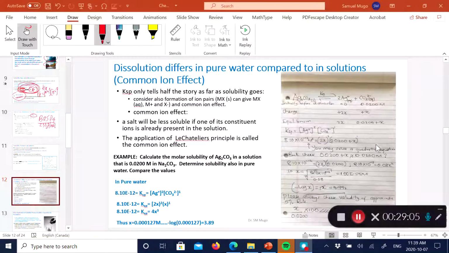However, you can simplify this expression. You can make an assumption that 0.02 plus x is very similar to 0.02, meaning the x is very, very insignificant. Meaning the dissociation is very, very insignificant. And of course, we know that that is dependent on how big or small the Ksp is, and we're going to see that.